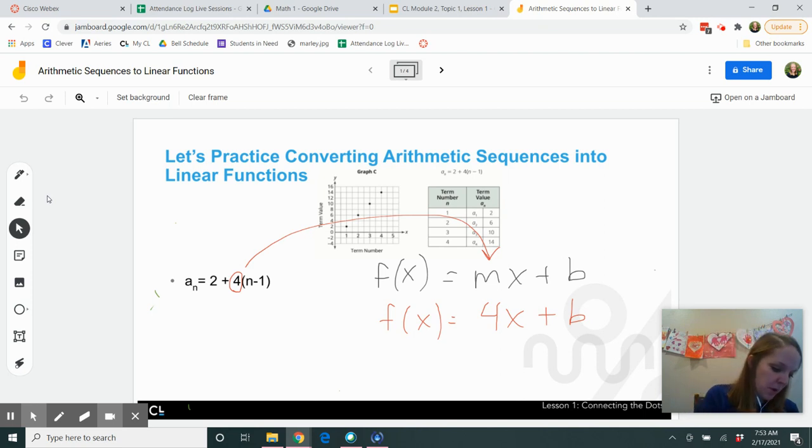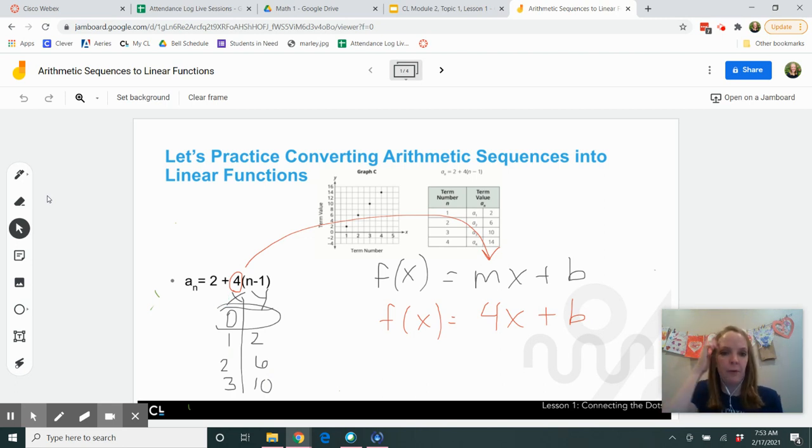Okay, so let me draw you a little chart, and it might help. If the first term is 2, and we are adding 4 every single time, that means the second term is 6. The third term is 10, right? But I don't want those. I want the 0 term. I want the term before it.